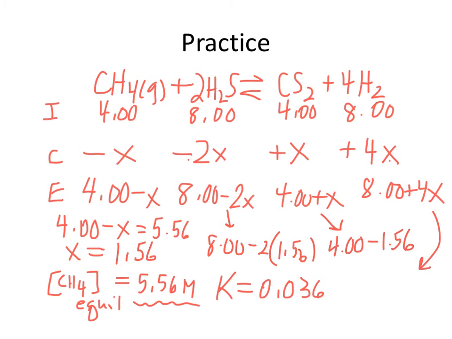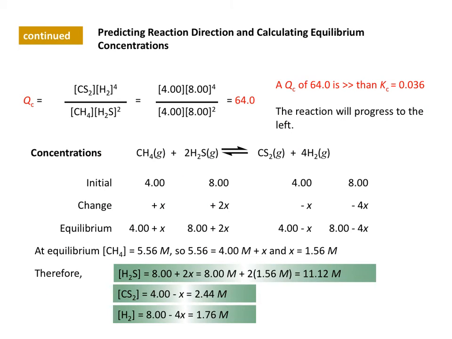And for H2, it'll be 8.00 minus 4 times, no, plus, I'm sorry, these are plus 1.56. And if we go to the next slide, you're going to see this all worked out for us, and you'll see the final answer.